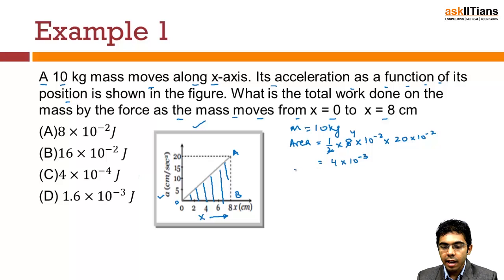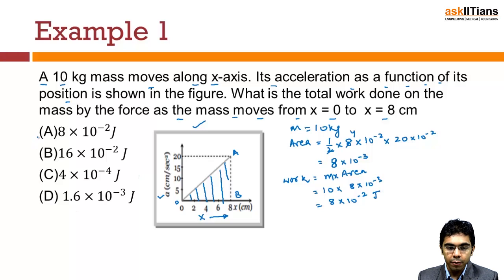This is the area we got from the a-x graph. Now work done will be equal to mass into area. So 10 into 4 into 10 to the power minus 3 comes out to be 4 into 10 to the power minus 2 joules. This will be the work done. So for this, option A should be correct.